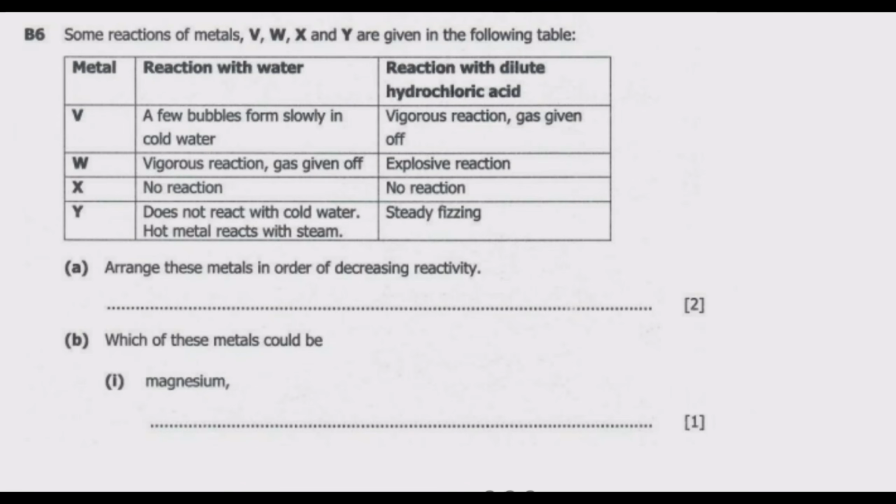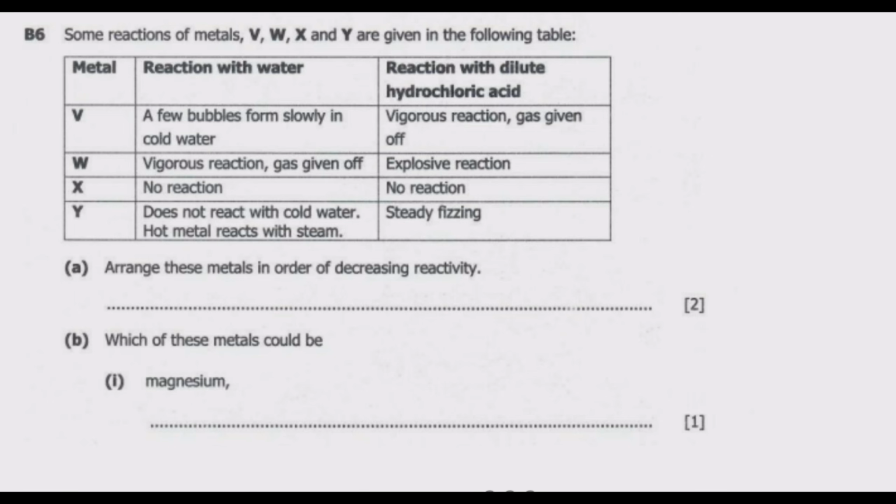Let us look at question B6. Some reactions of metals V, W, X, and Y are given in the following table. We have the metal, reaction with water, then reaction with dilute hydrochloric acid.